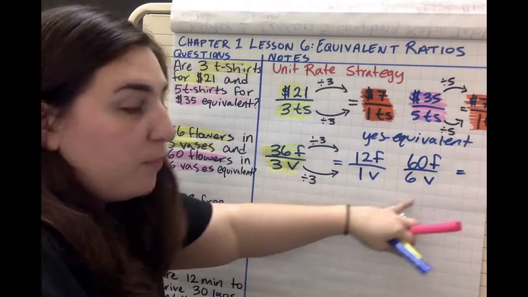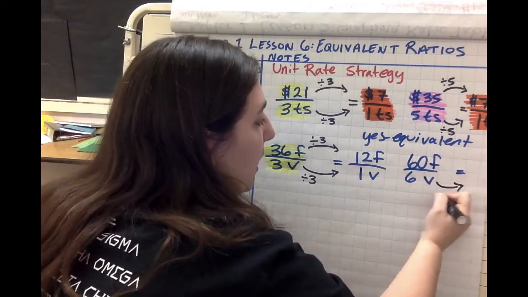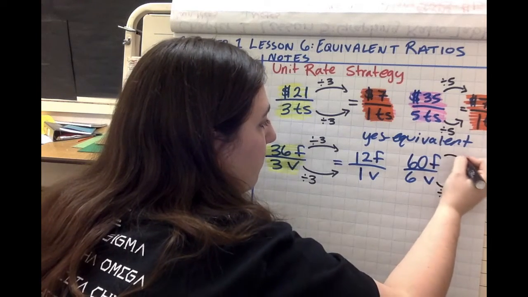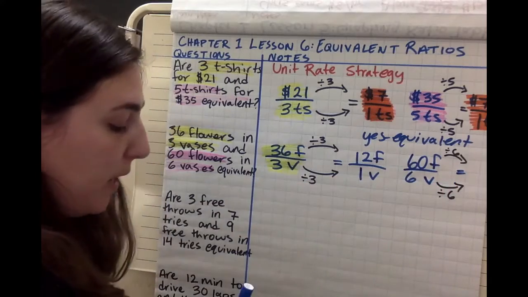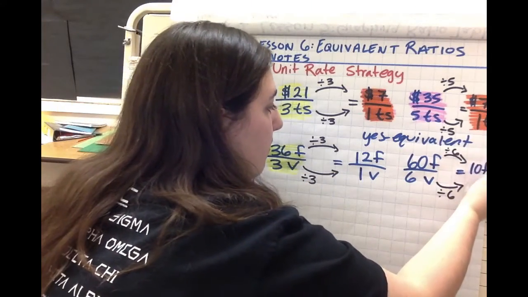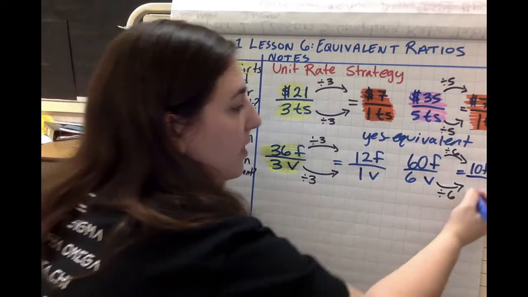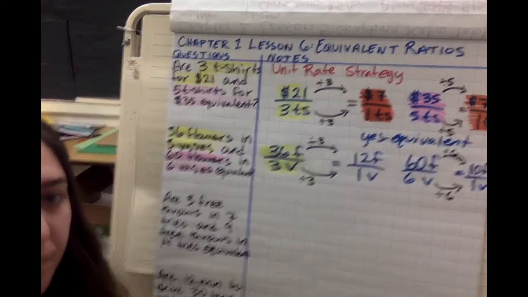So to get my unit rate, I need to divide by the denominator. My denominator is 6. Okay, so 60 divided by 6 is 10. And 6 divided by 6 is 1. Okay, so now we compare.